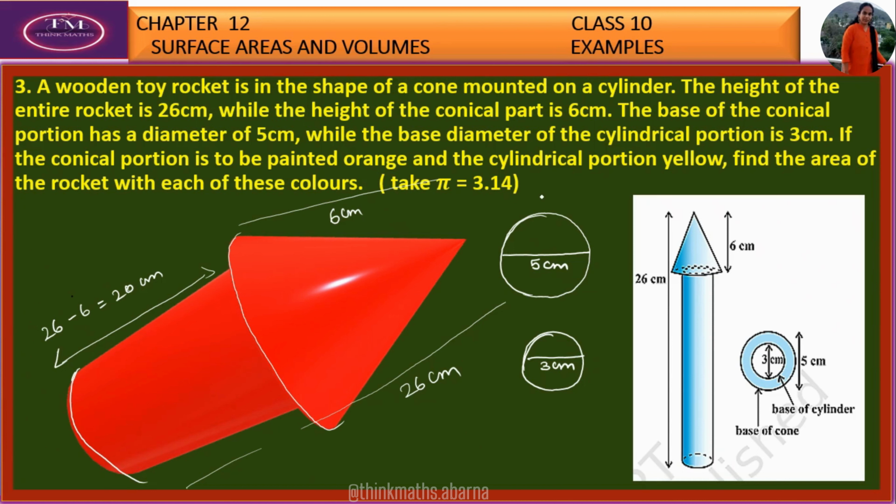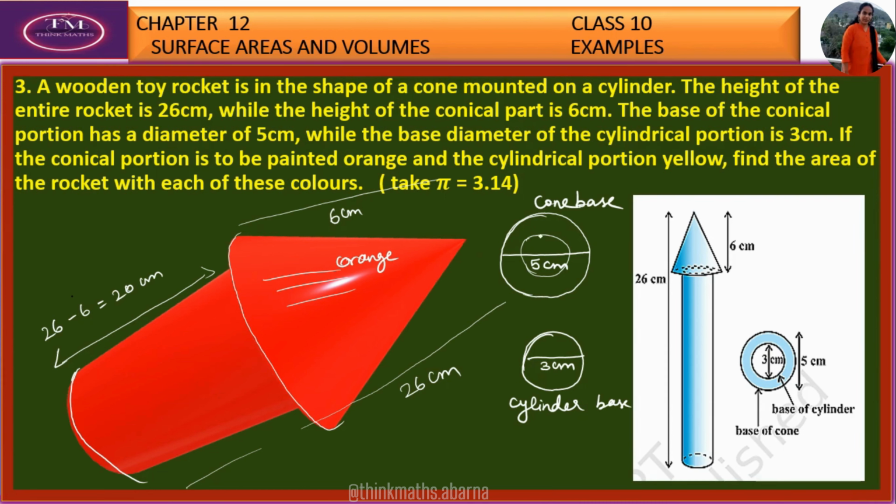This is the cone base and this is the cylinder base. So what we will do is fix this cylinder base with the conical base. If we have to color the cone with orange, this part will be colored orange.